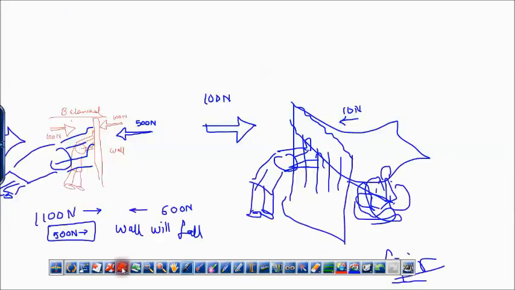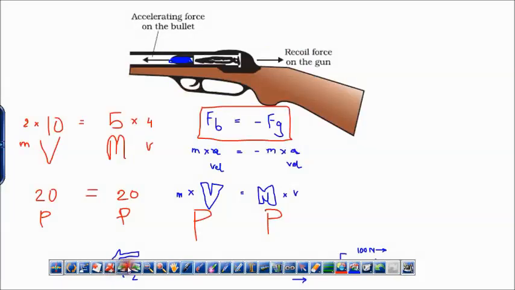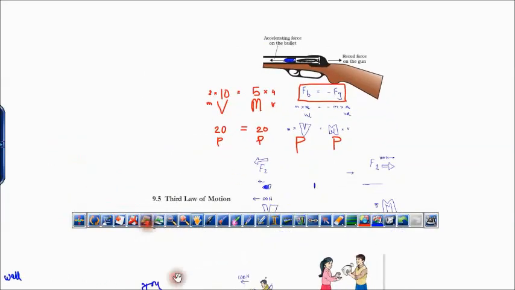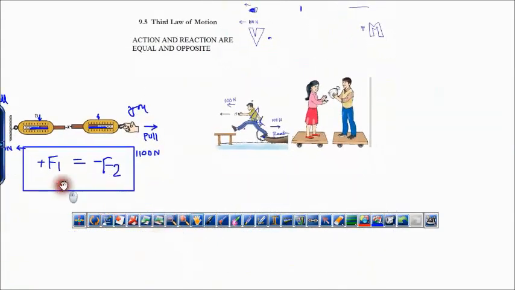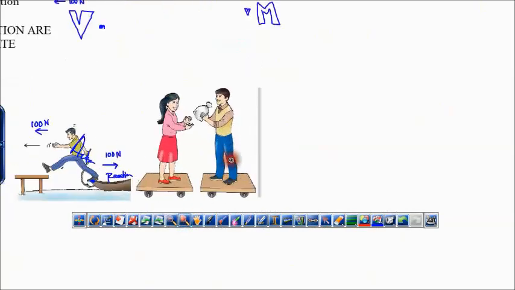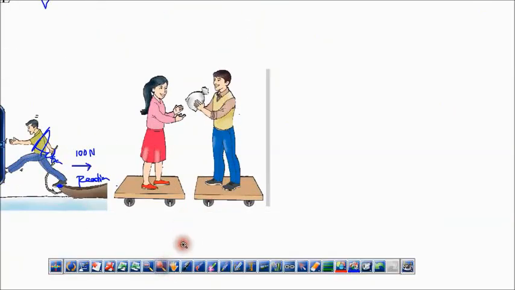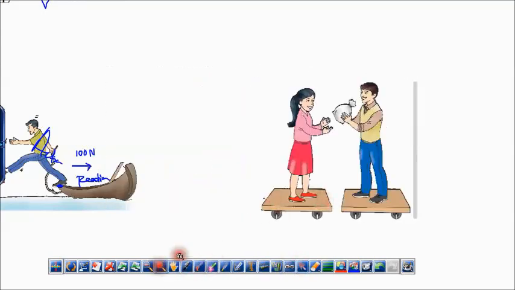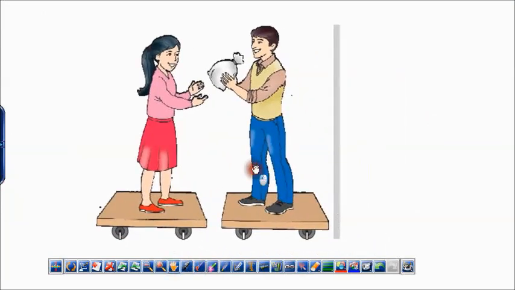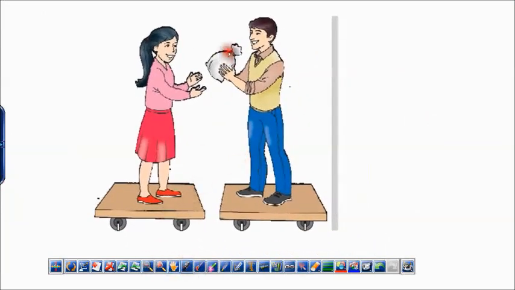So I hope you understood the third law of motion and its discussion of different cases, which is the bullet and the gun, the two spring balances, the boat, and this is a rather useless example, an activity, where a boy and a girl are both playing by passing a heavy load, a bag full of sand.